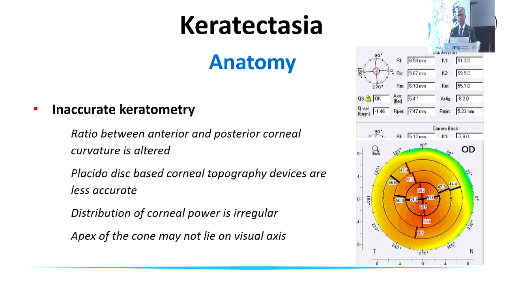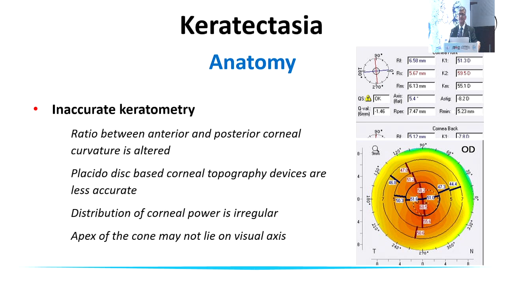Now whenever you do keratometry in these eyes, you have to remember that the ratio between anterior and posterior corneal curvature is altered in these eyes with ectasia. The Placido's disc-based corneal topography systems are not very accurate because they scan the front surface of the eye, which does not give you accurate keratometry.